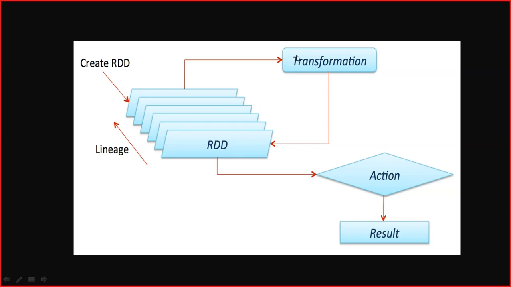Let's say we have added a new column to our table. It stores that as a new RDD, and then suppose a worker node, or all the worker nodes, are dead, it will roll back to the previous RDD. For that, it needs to maintain the lineage. Then we perform some actions on the RDD, like, as I said previously, the collect or first command, and finally we print our data or the result.